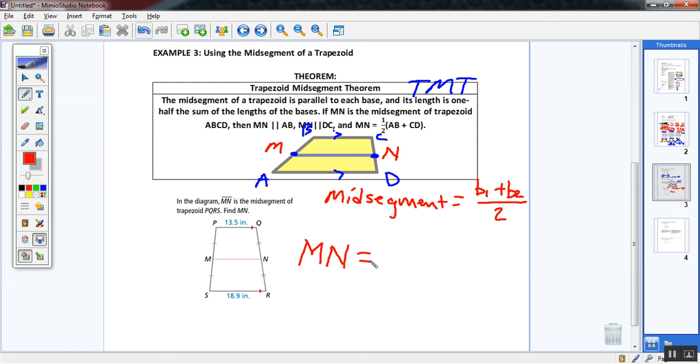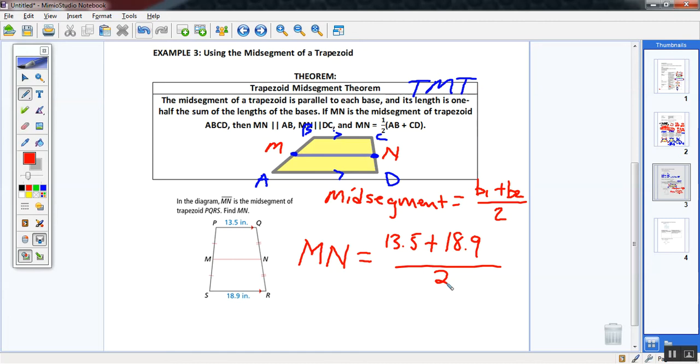Since this is the mid-segment, you would take the two parallel bases, which is 13.5 plus 18.9, and divide that by what? 2. So, 32.4 divided by 2, 16.2?